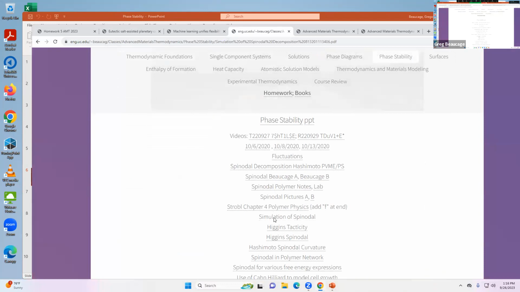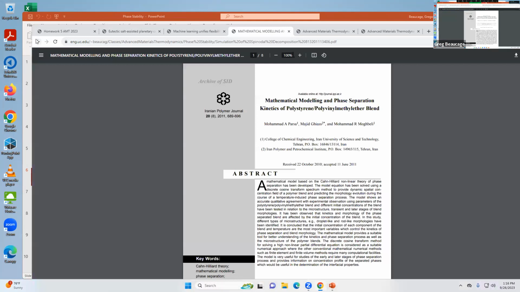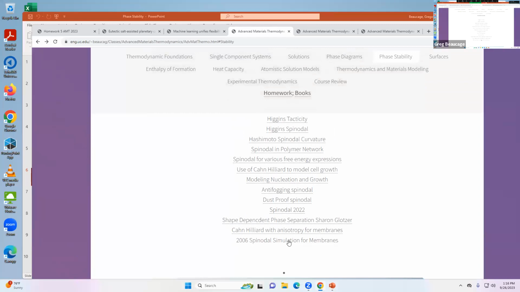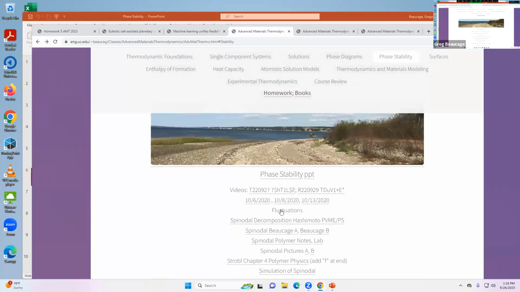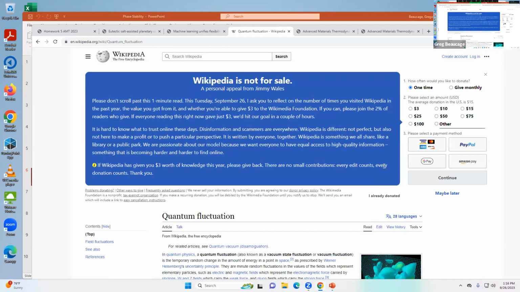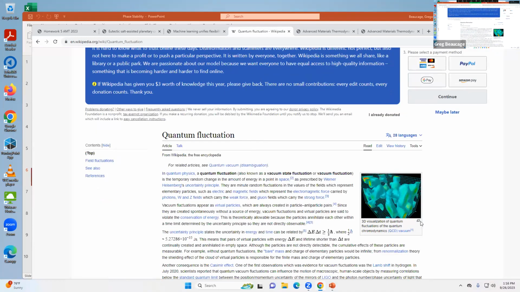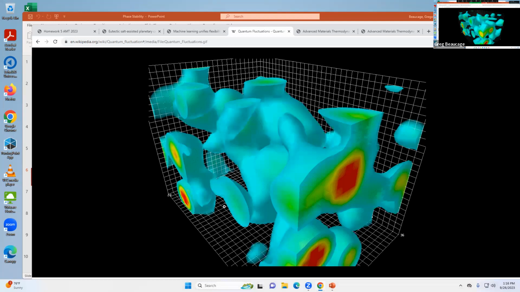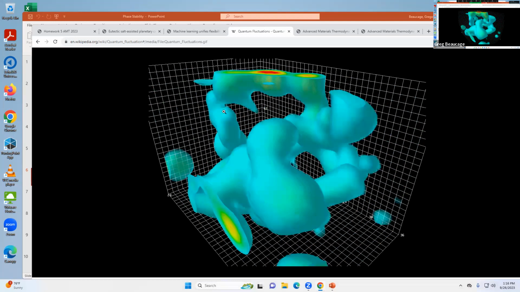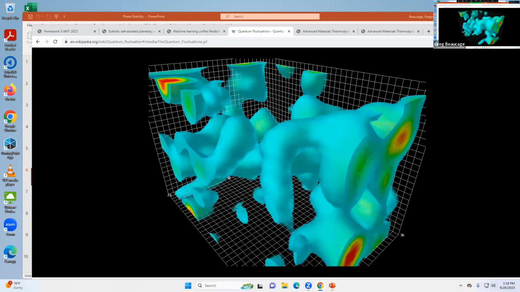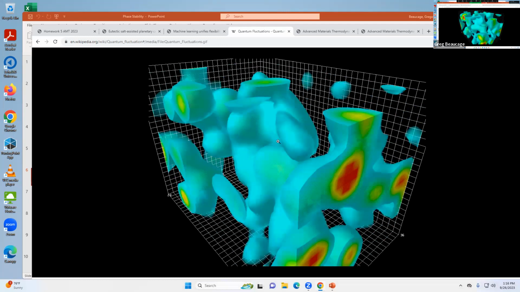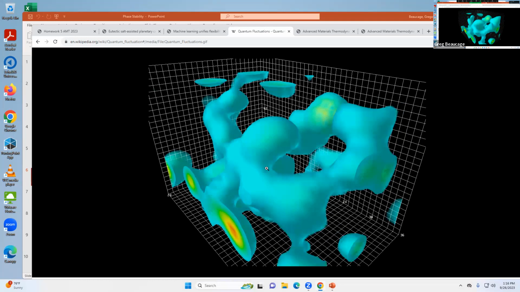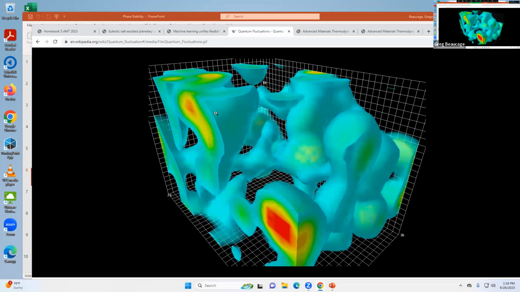Here it is, the fluctuations picture. That's kind of what temperature looks like, or even what composition looks like. If you think about it dynamically, it's always probing different compositions, and different temperatures everywhere all the time.